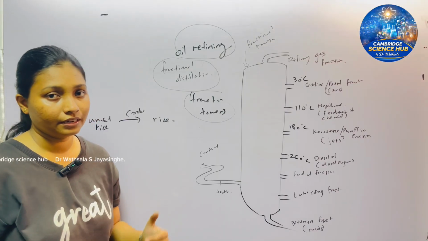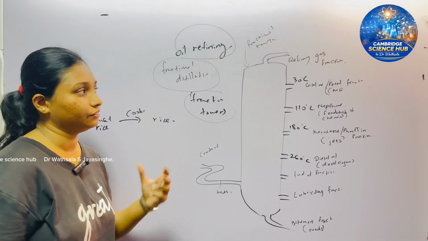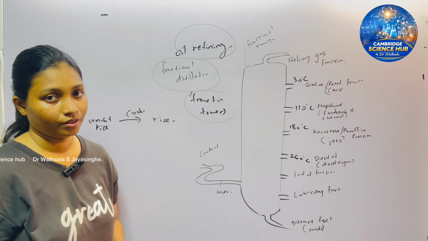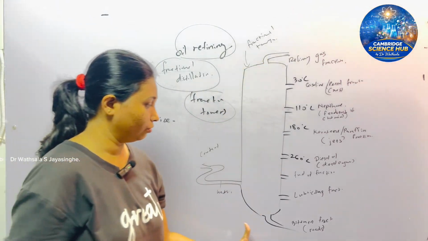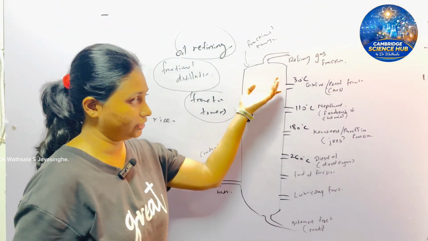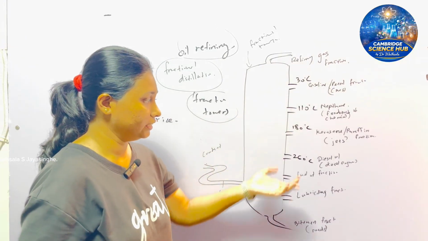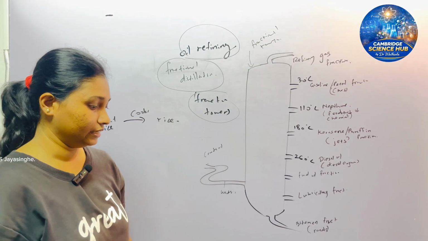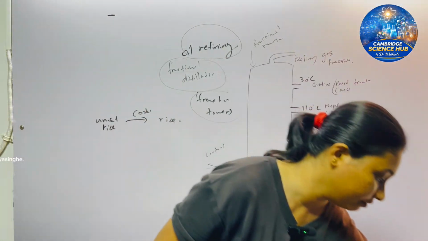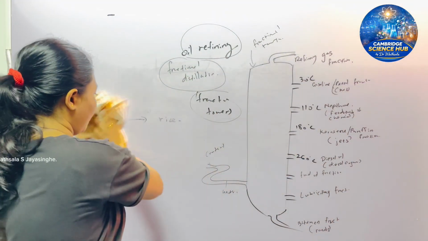It happens inside a fractional tower. If you want a rough idea, you can also note down what is happening at the temperatures 30, 110, 180, 260, etc. So crude oil is heated. That is the process of oil refining.